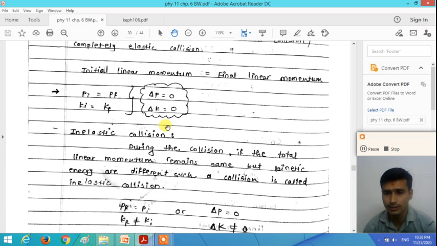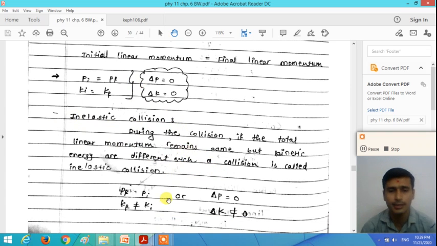Here, not conserved means that the law of conservation of energy is still satisfied, but some amount of the kinetic energy is converted into another form of energy, right? So this type of collision is known as the inelastic collision, and in it the linear momentum is conserved, but the kinetic energy before the collision and after the collision are not the same.